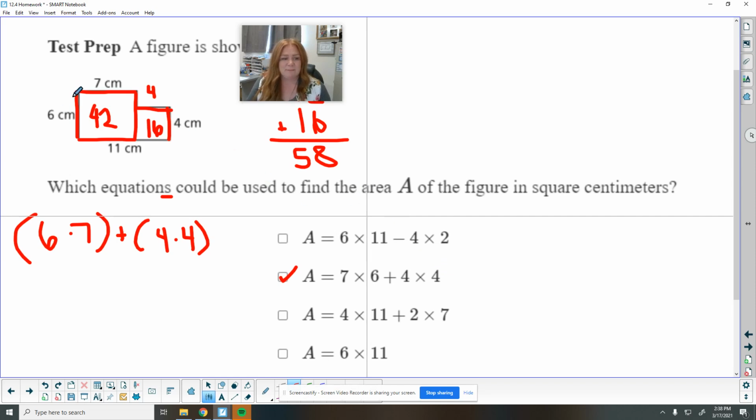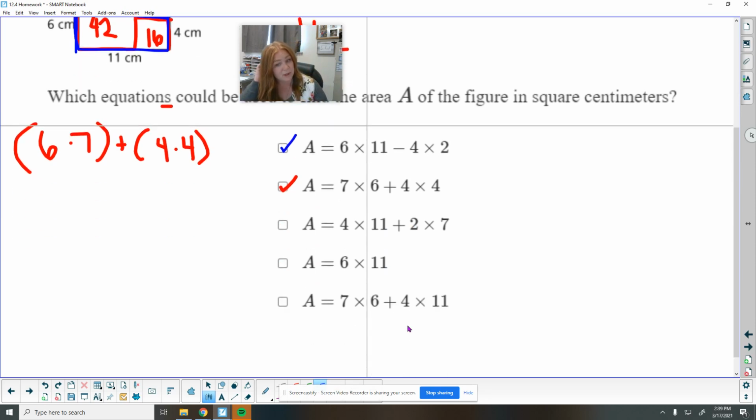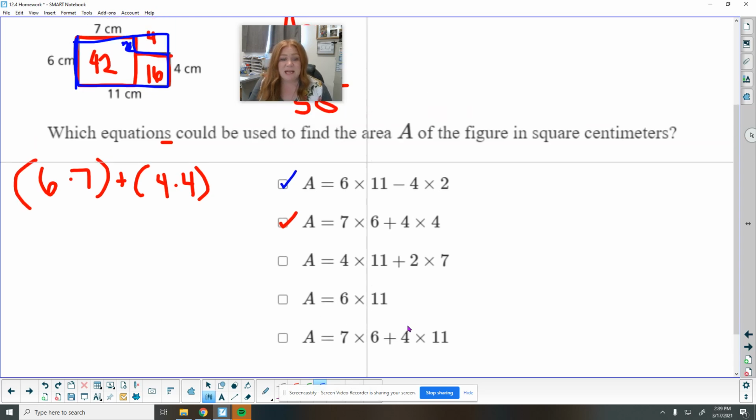So on this one, let's see, they did 6 times 11. So they found this entire thing, and then they took away this piece, which is 4, and this section is 2 right here because 4 plus 2 is 6. So this one works. So I want you to go through and see if you can find any other ones.